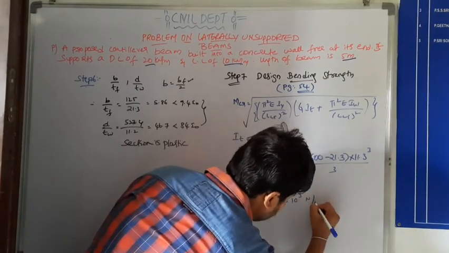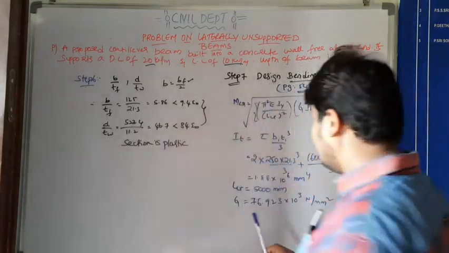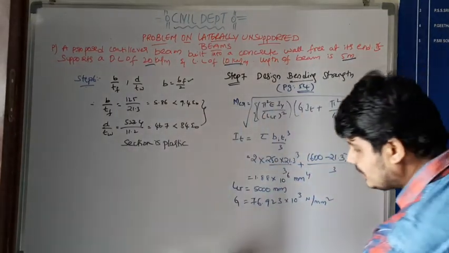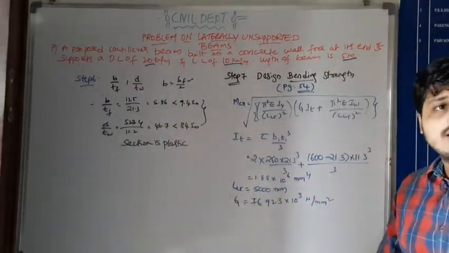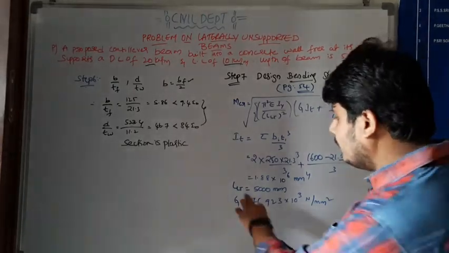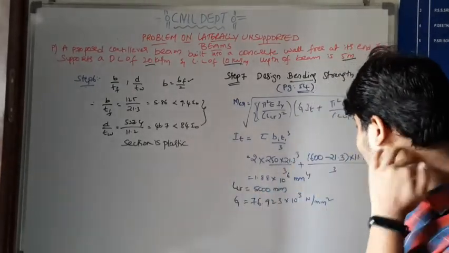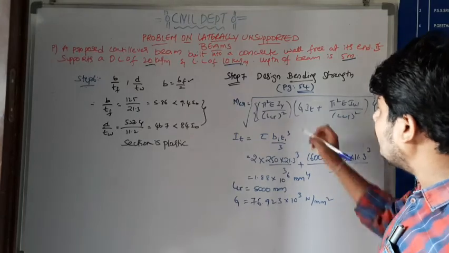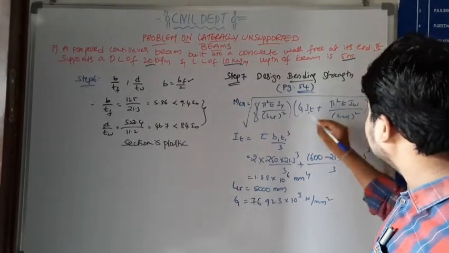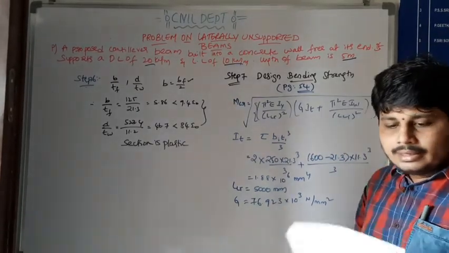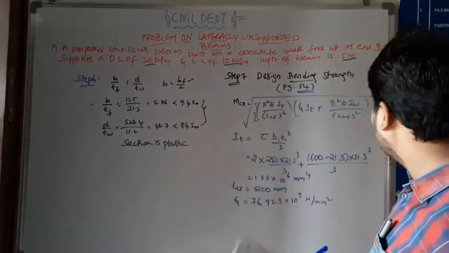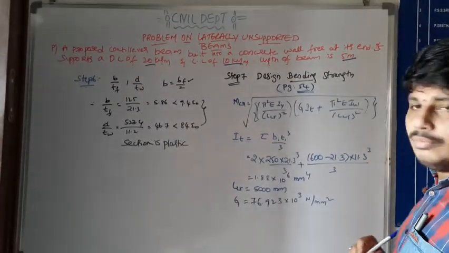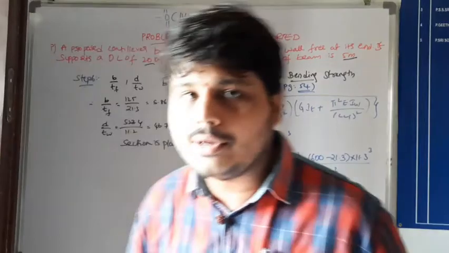So this is the standard value for modulus of rigidity G. So LLT into G, IT. So we know the value of LLT, IT and G. So now again we don't know the value of IW.